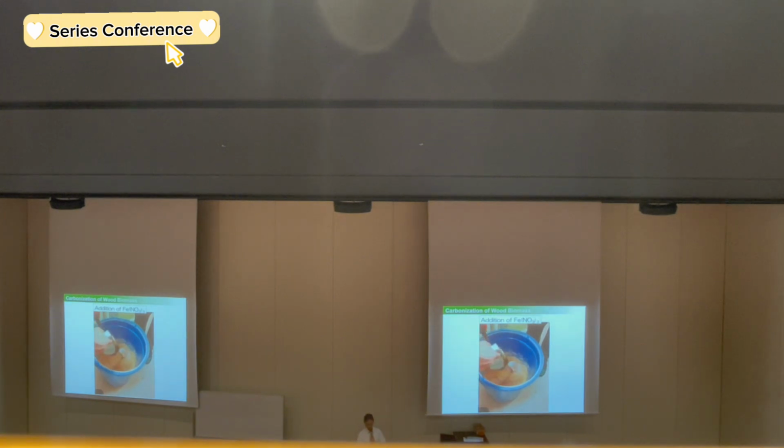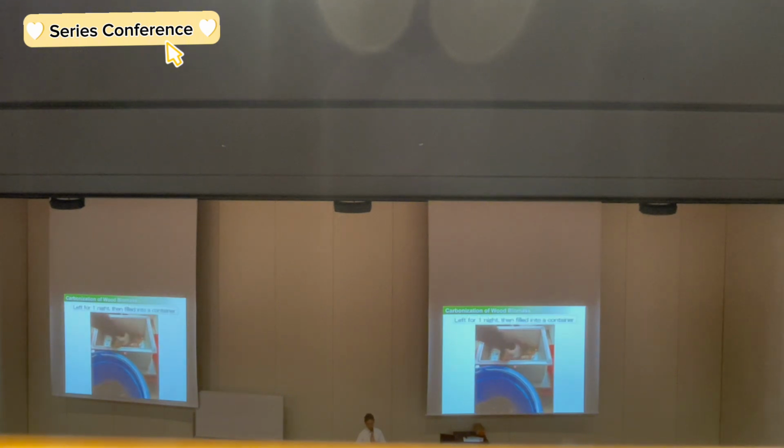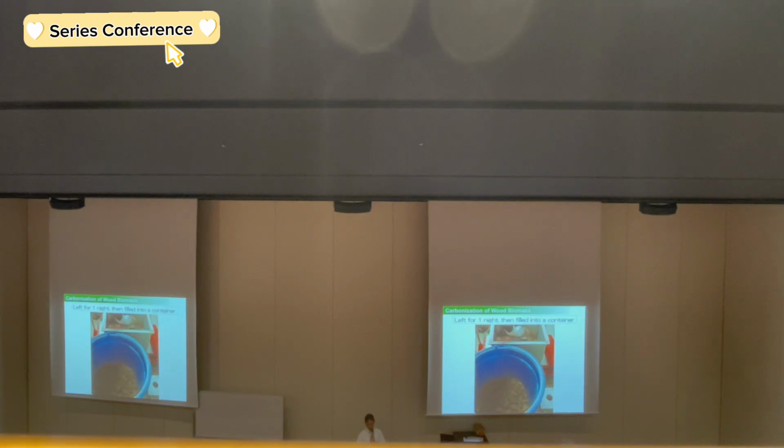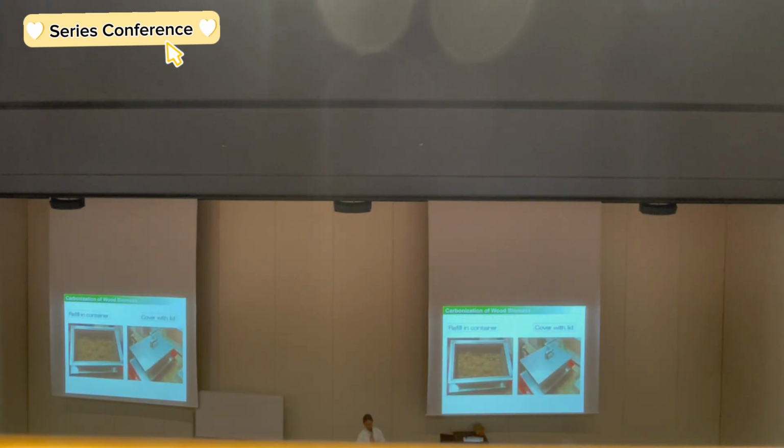We just mix like this with a very simple mixing apparatus. Then after mixing, we leave it for one night. Then we fill it into the container for the preheating, because the wood biomass itself doesn't absorb microwave so much.